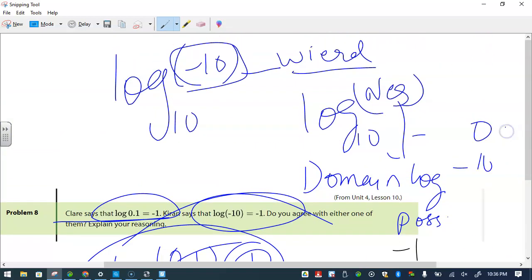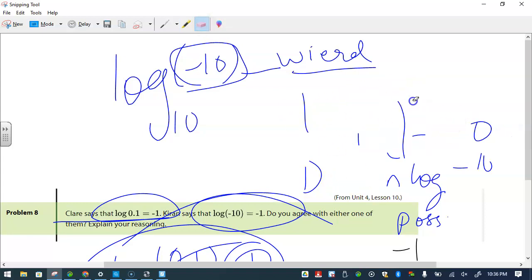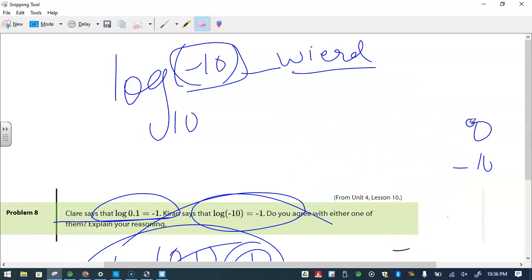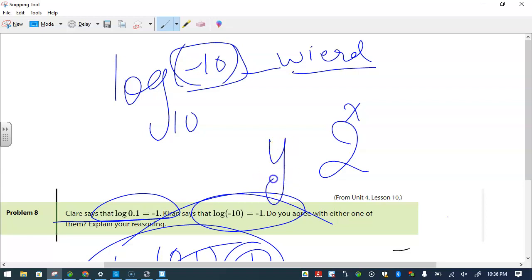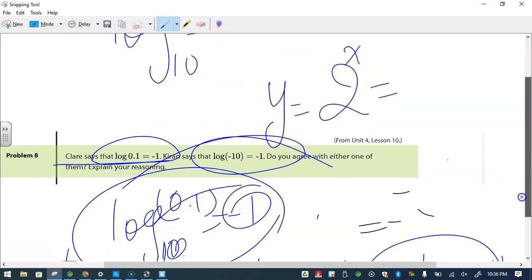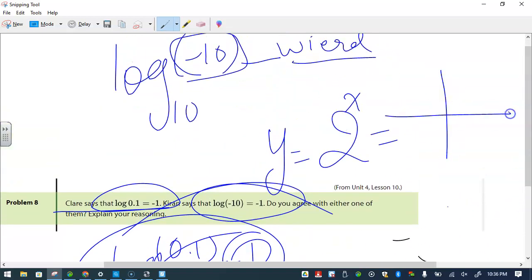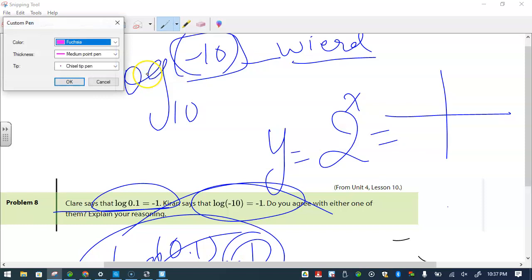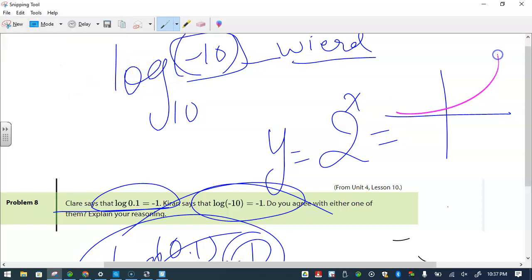The question arises: why? Because if you see y equals 2 raised to x, when we graph this, it is always positive, above the x-axis. This is the y-axis, this is 0. So anything here is going to be positive, right?